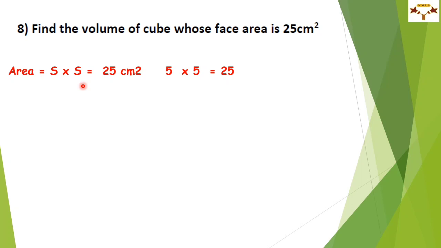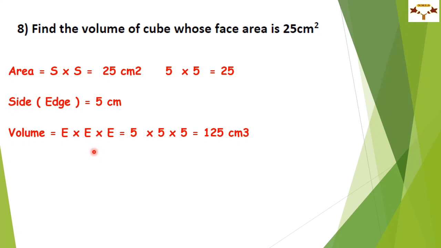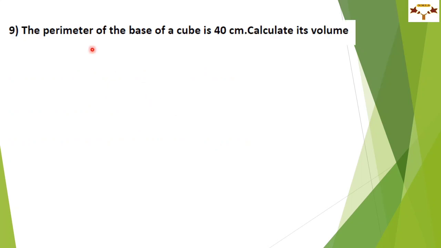I know that 5 times 5 is 25. So here the side, or the edge, equals 5 centimeters. I can use a calculator to find this by just clicking on the square root button. Put 25 under the square root button. It will give you 5 centimeters. So now easily I will find the volume, h times h times h, equals 5 times 5 times 5 equals 125 centimeters cubed.